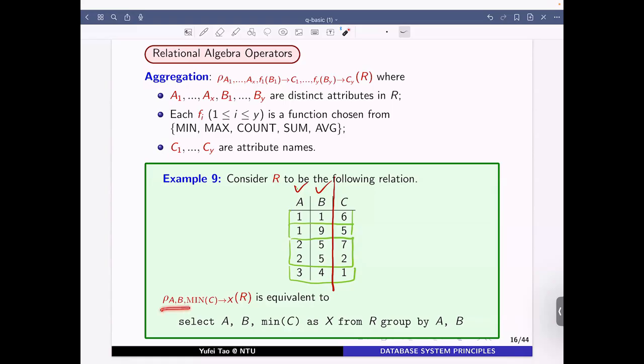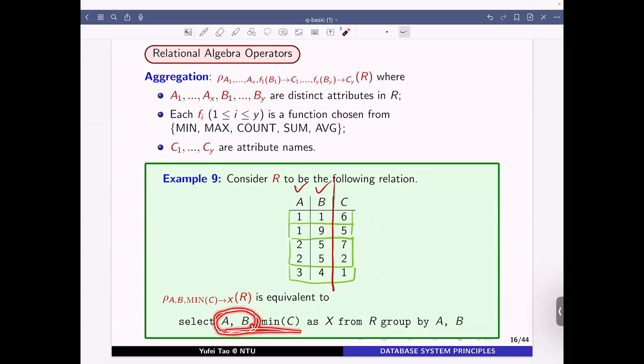And this expression is equivalent to this SQL statement here. As you can see, you have A and B and minimum C as X in the select part. And I guess you should have realized that this is a group by query, so you group the relation by A, B. Essentially you're creating 4 groups here, and within each group you take the A, B value.